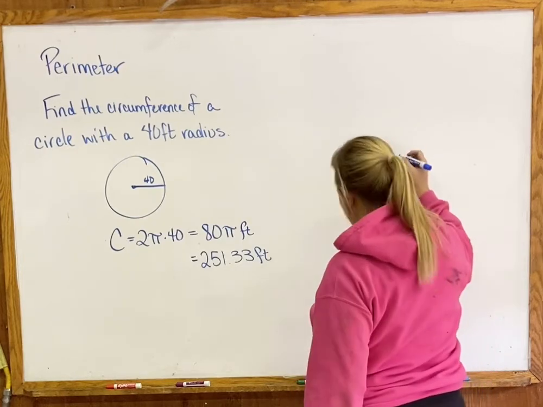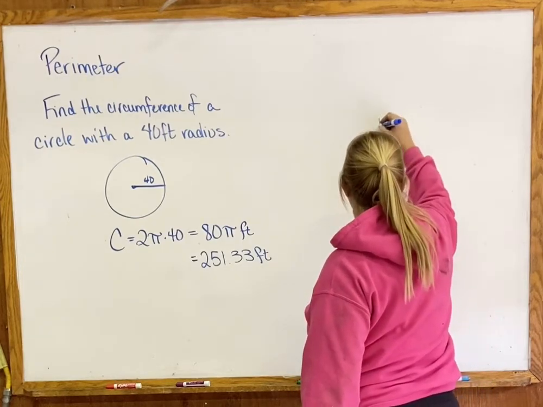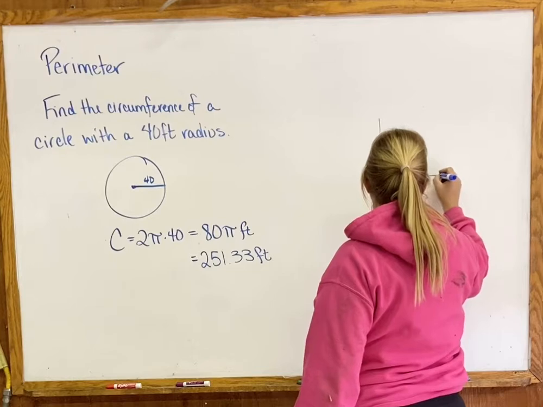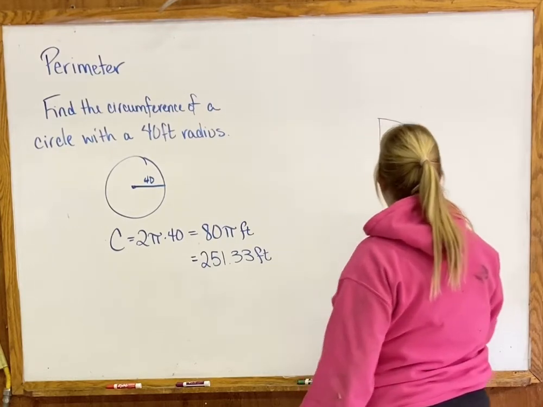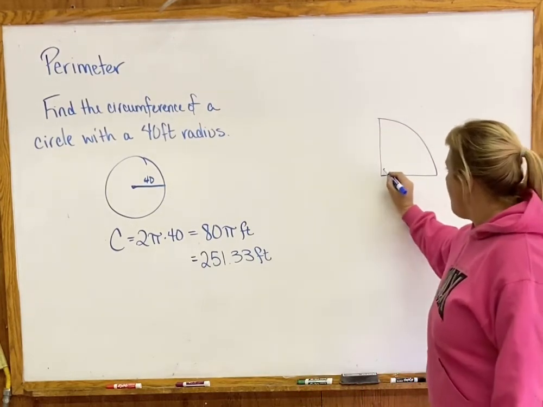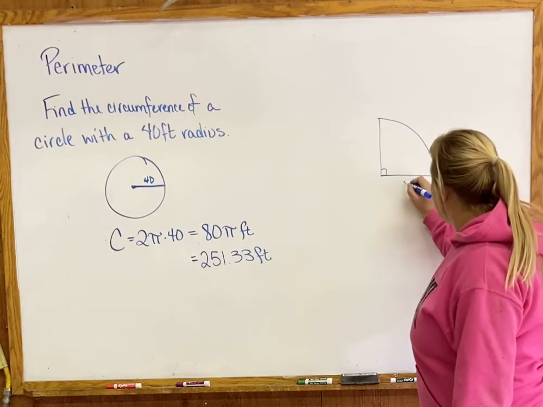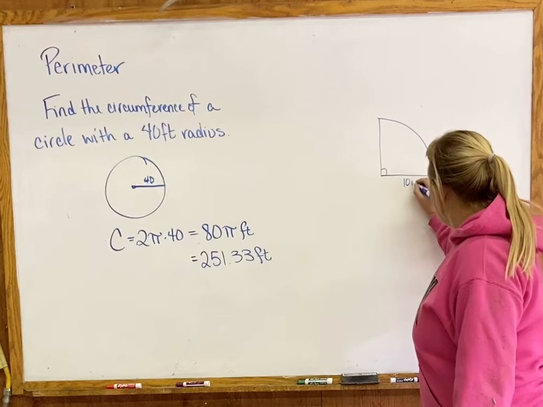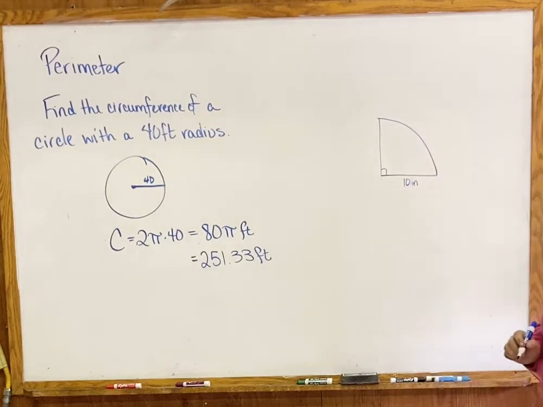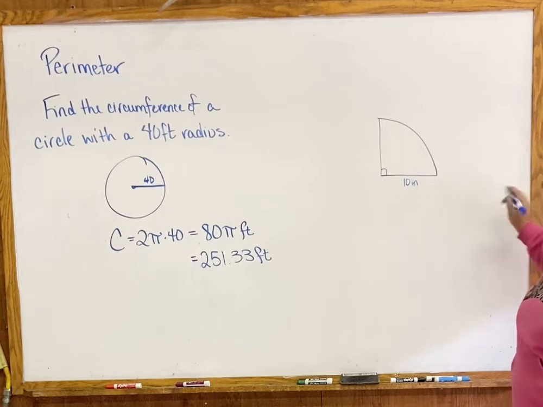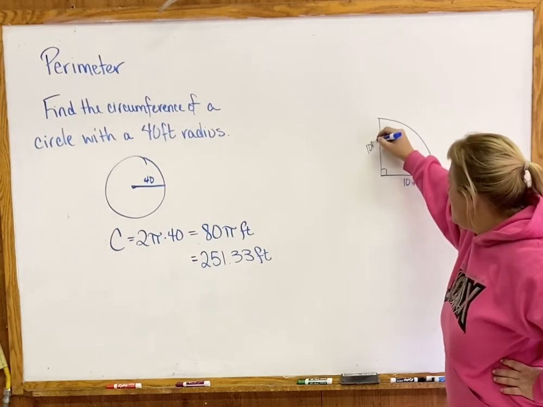Okay, so let's say that they gave you that much of a circle, and they told us that this was 10 inches. Okay. All right, so if that's 10 inches, and I guess this has to be 10 inches too, right?